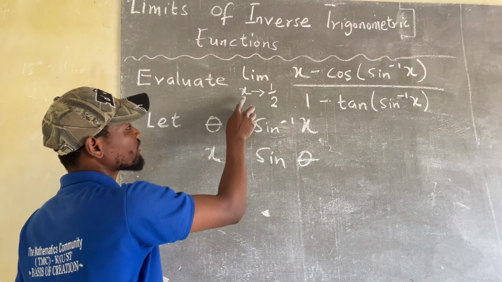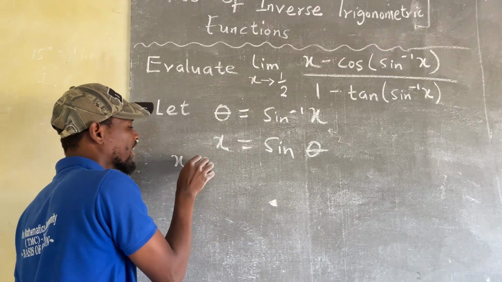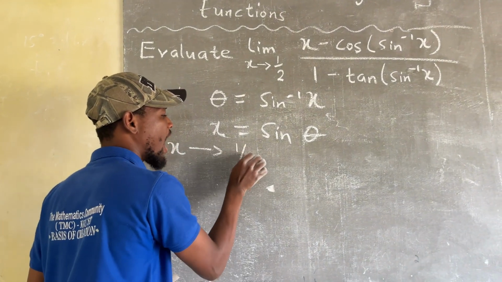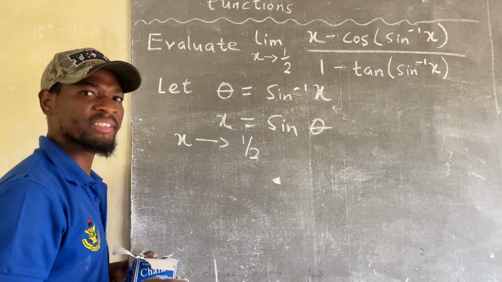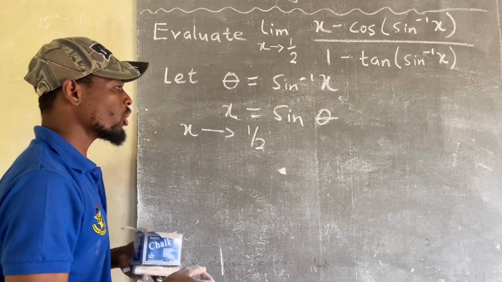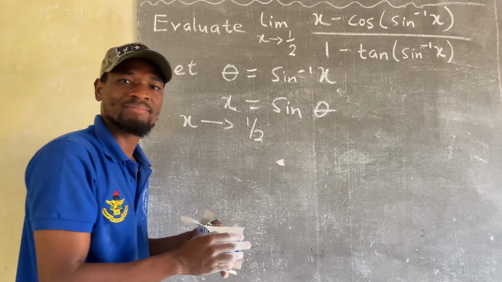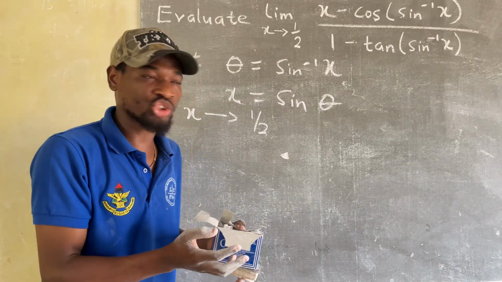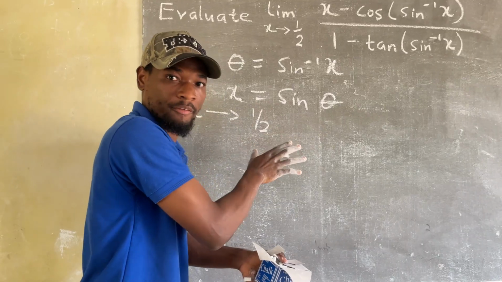Here we have x approaches half. Now I would want to find a trig ratio with respect to sine. I have sine, so I want to hammer on the sine.